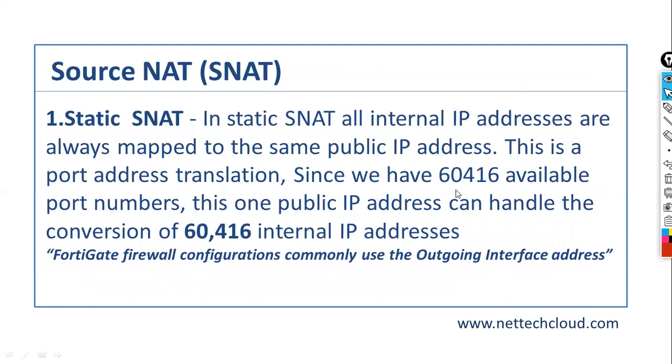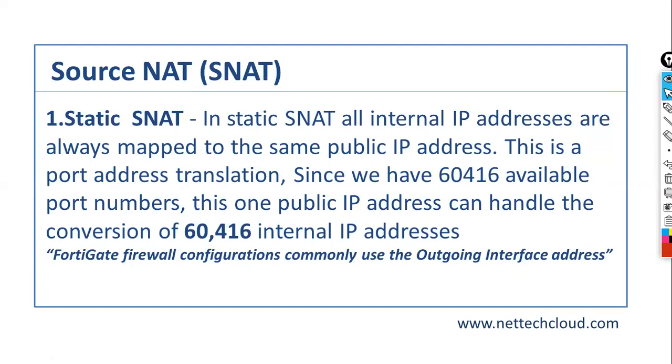Further, in source NAT there are different types under the source NAT section. One is known as static SNAT. Generally, we call it port address translation, many to one translation.